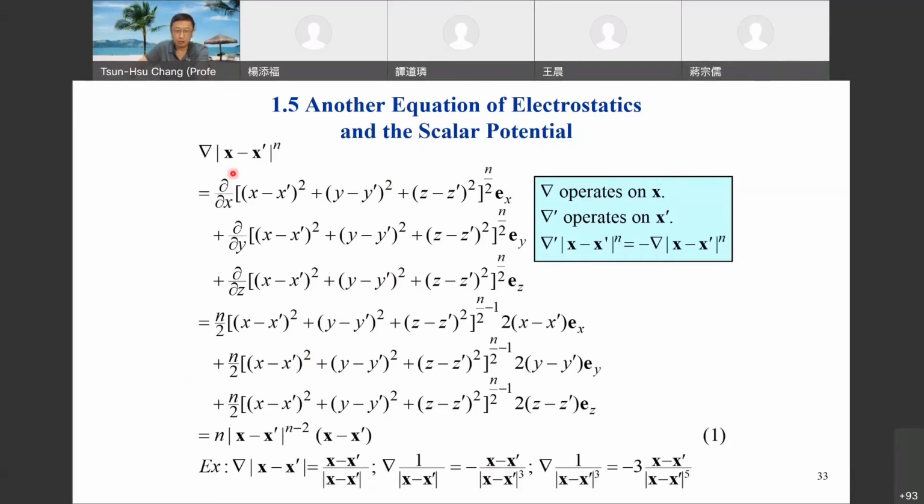Otherwise, you look at this derivation, you say, very easy, no big deal. But if you try to derive this equation by yourself, you will see, oh, not so simple. We should be careful about that. Try to derive by yourself.